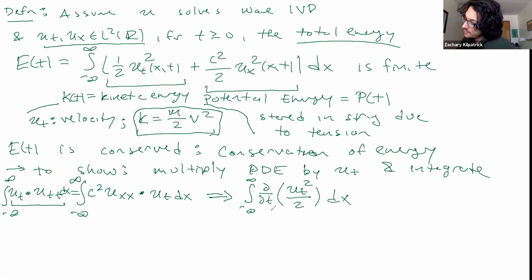So essentially, I've just taken this quantity and turned it into something that looks more like what I have in the functional that I'm trying to capture with this, okay? On the right-hand side, I could do integration by parts, okay? So if I integrate up with respect to x this, and then I differentiate this with respect to x, then I get the boundary terms, c squared, u_x, u_t, evaluated between minus infinity and infinity, okay, in the x direction.